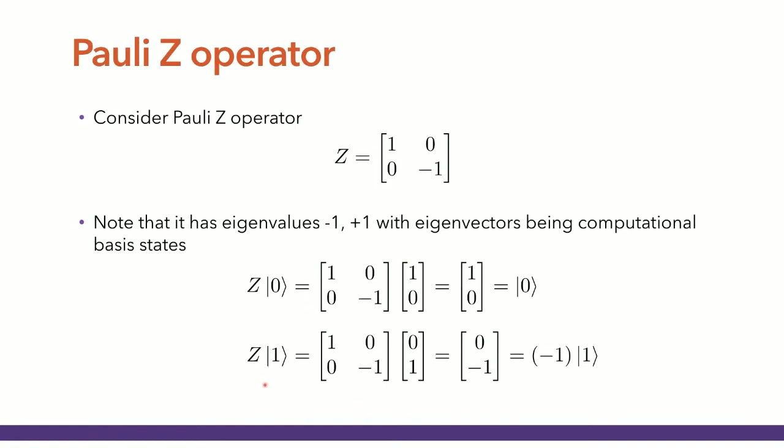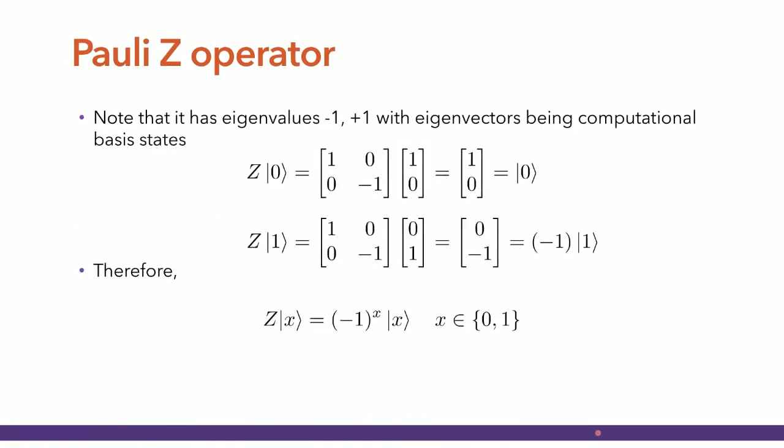And if you have computational basis state 1, which is the vector 0, 1, then the action of the PauliZ matrix on this vector gives you a minus 1 phase. So in short, the action of the PauliZ operator on the computational basis state x is adding a phase of minus 1 to the power of x, where x is either 0 or 1.